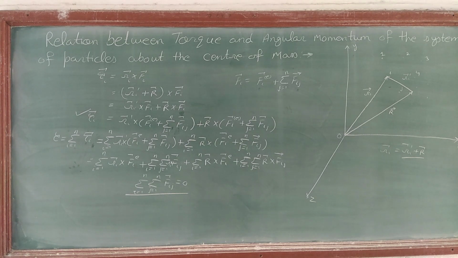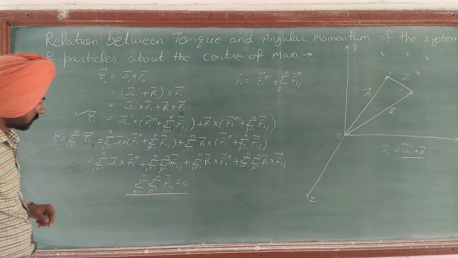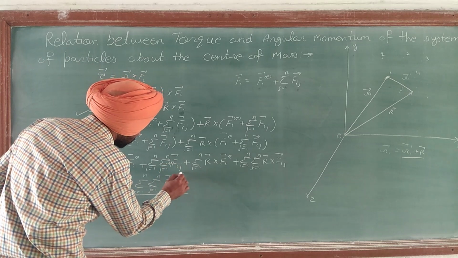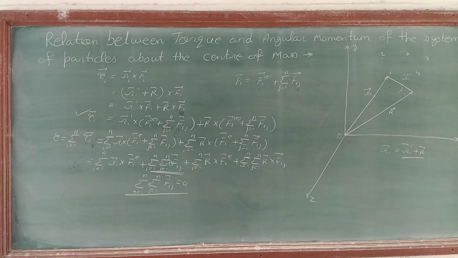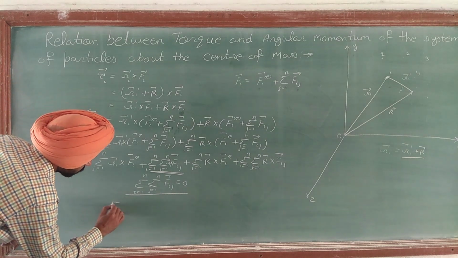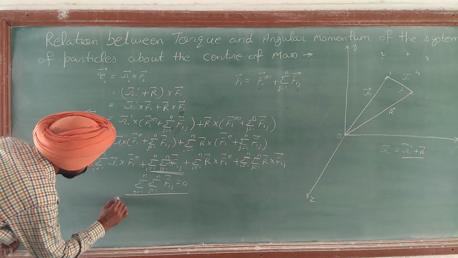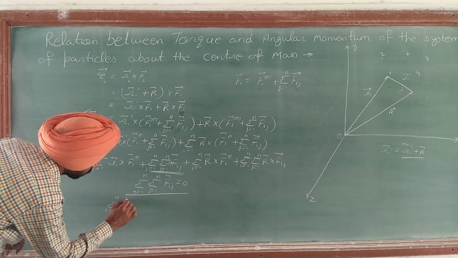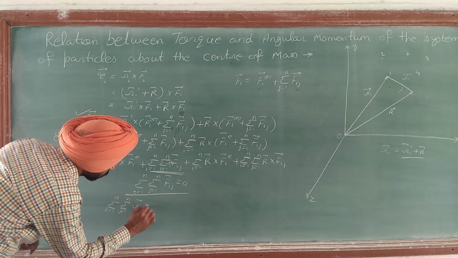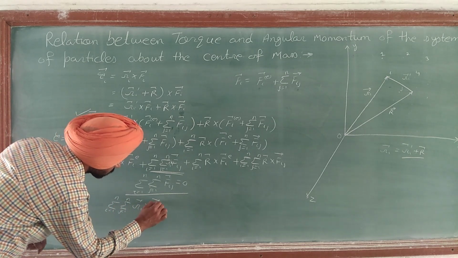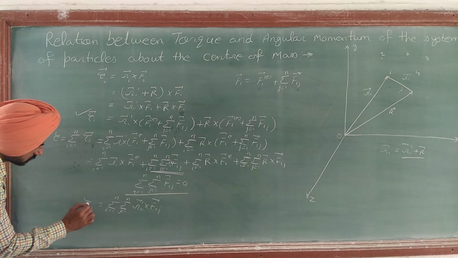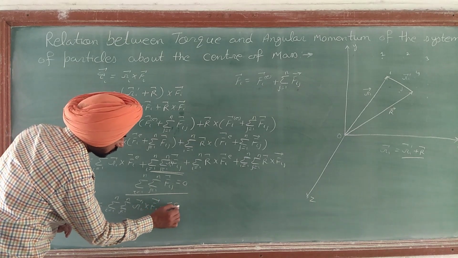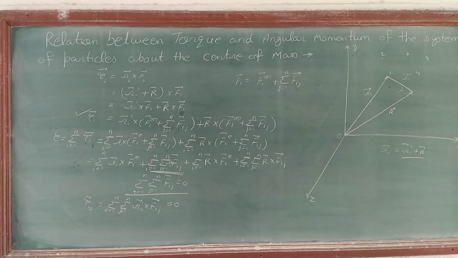That means this ri prime cross Fij is also 0. So this is summation i equal to 1 to n summation j equal to 1 to n ri cross Fij. What is this? This is torque tau ij. So this is also 0. You can go through the previous lecture for this also.